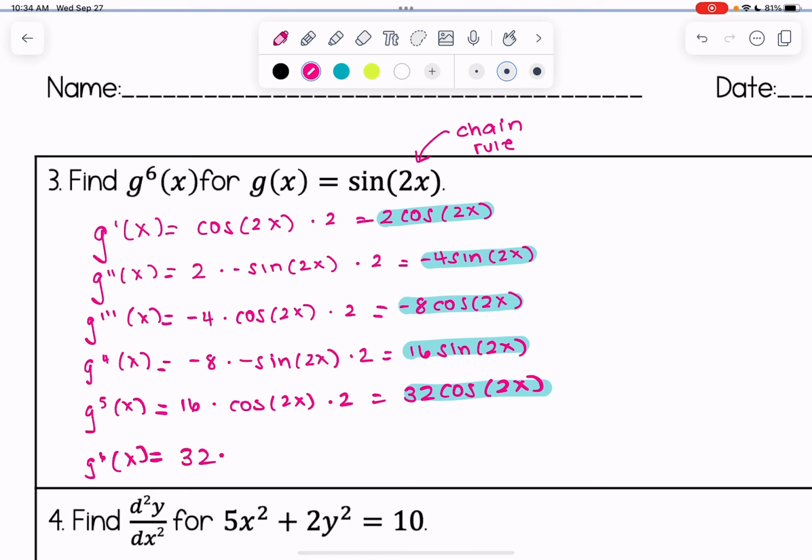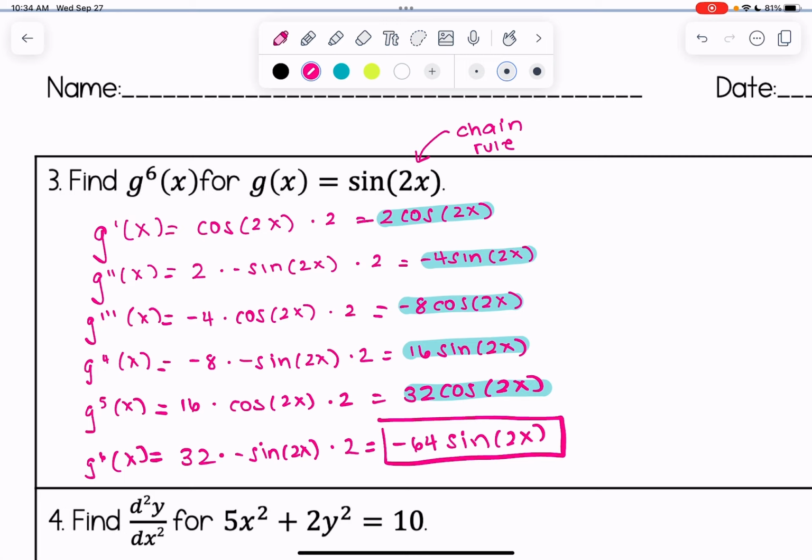So that's 32 times negative sine 2x. Derivative of the inside is 2, and I get negative 64 sine 2x, and that is our answer here. We're asked for the sixth derivative, so this is where I'm going to stop.